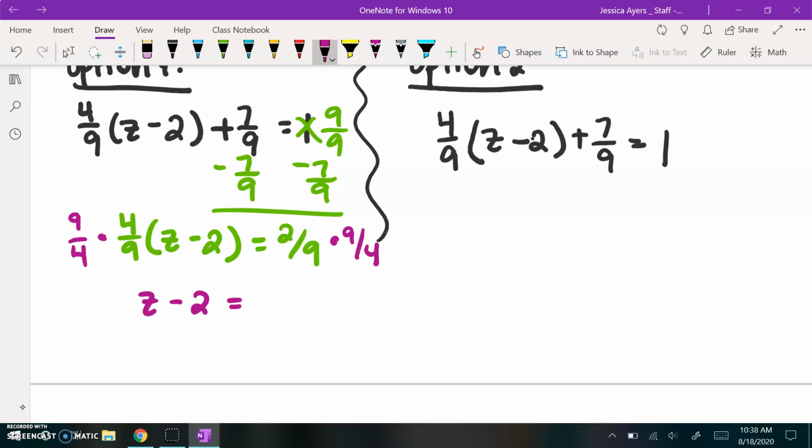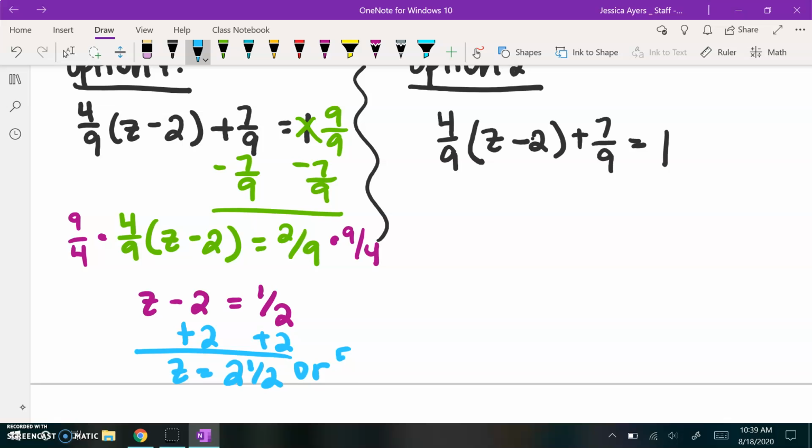And then 2 times 9 is 18, divided by 9 times 4 is 36, gives us 1/2. Then I can add my 2 to get that z is equal to 2.5, or 5 over 4. You do want to leave your answers as improper fractions.